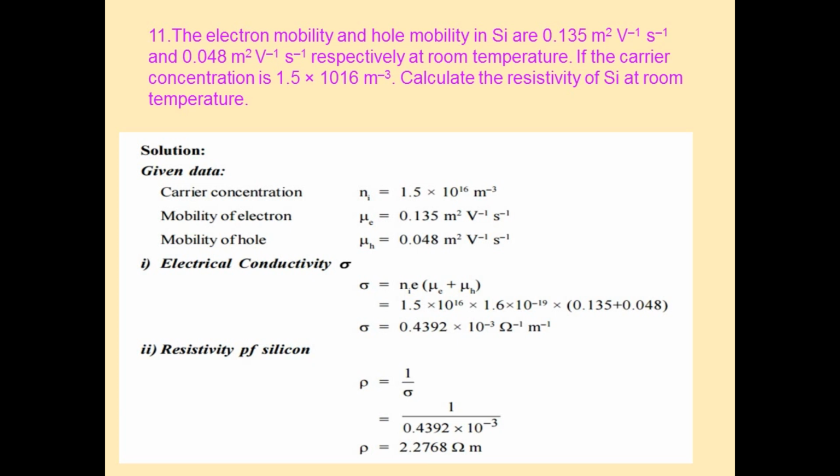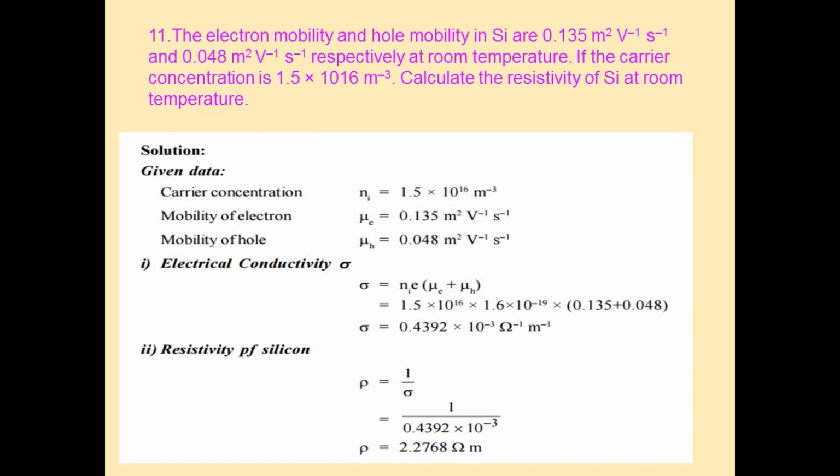Eleventh problem. The electron mobility and hole mobility in silicon are 0.135 and 0.048 respectively. If the carrier concentration is 1.5 into 10 power 16 per meter cube, calculate the resistivity of silicon at room temperature.